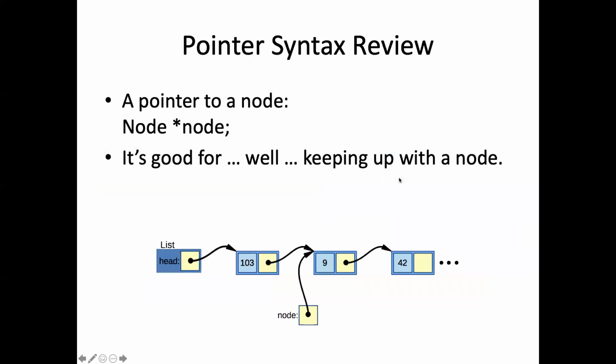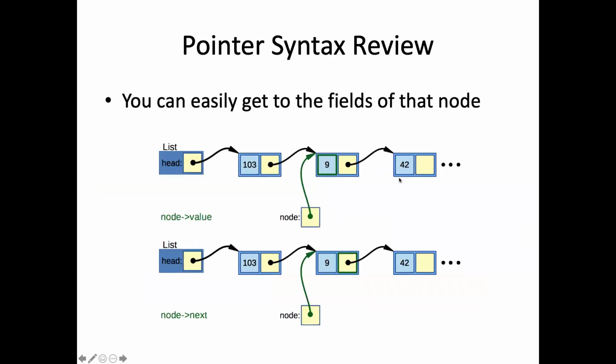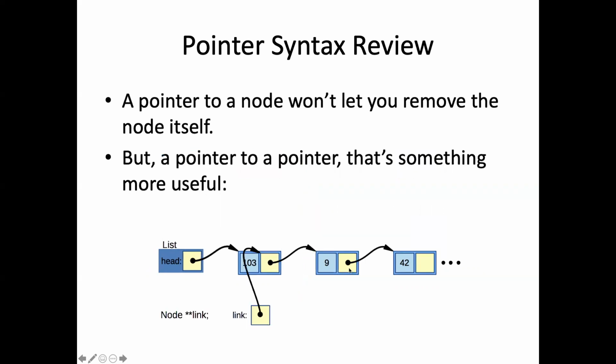So that's what I'm using here. I was trying to make the point that if you had a pointer to a node, well, node arrow value will give you its value field, and node arrow next would give you its next pointer. So a pointer to a node is useful for getting to the stuff in that node.